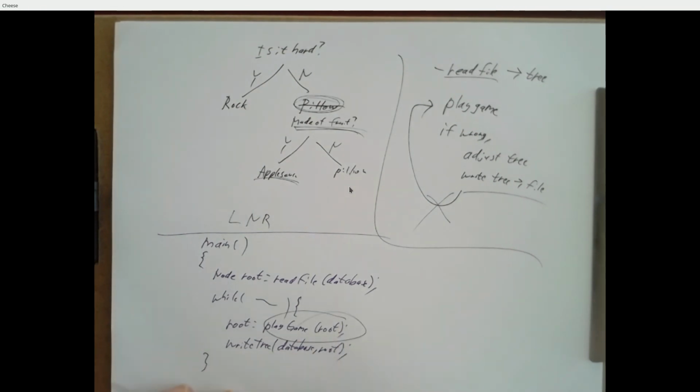So inside here, you're going to have something that says, take the node pointed to by the root, print out the data, wait for the next line from standard in, and if it starts with a Y, then do this thing. If it starts with an N, do this other thing.